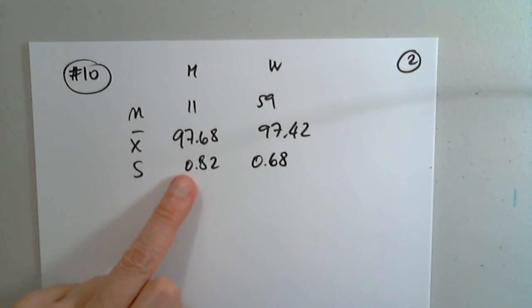So x1 is 97.68, standard deviation 0.82, and n1 is 11. x2 is 97.42. I remember this vividly, and I think we rejected. It appears to be the same. Okay, so mu1 greater than mu2.